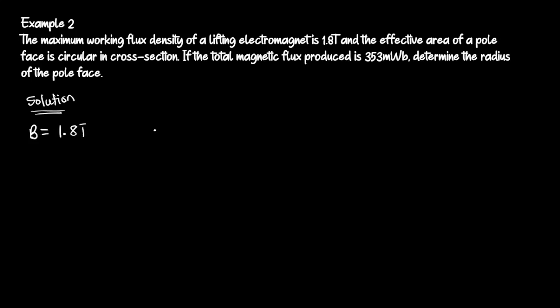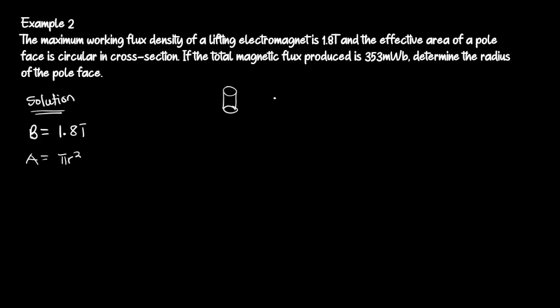And then the effective area of a pole face is circular in cross section. Now because the pole is circular in cross section, we are dealing with a pole that looks something like this. Okay, it can be long, it can be short, but all it tells us is that we have to find the area of a pole that looks like this. And to find this area, the formula we use is pi r square, not your regular length times breadth.